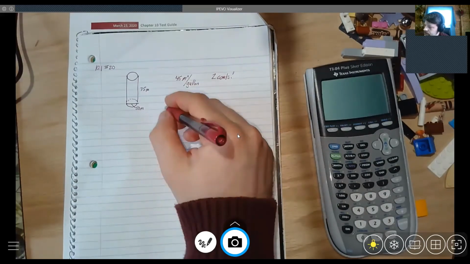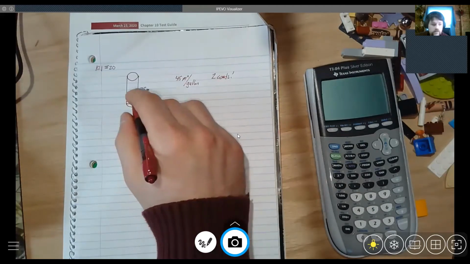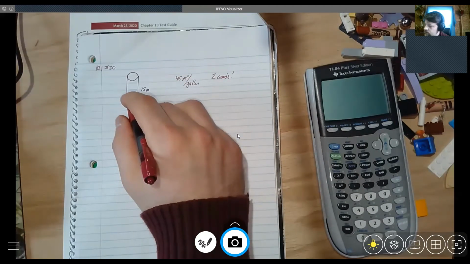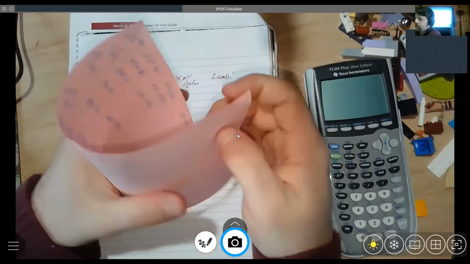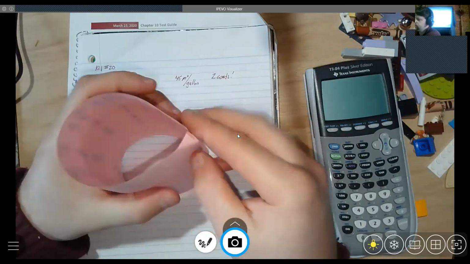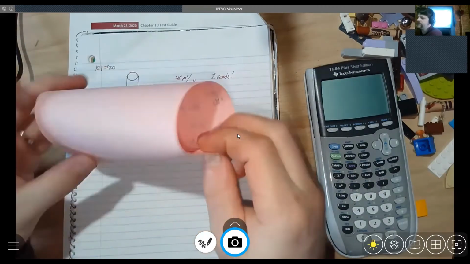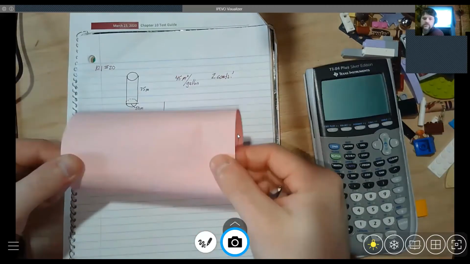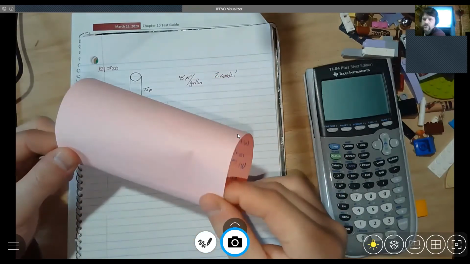To find the surface area, if you unrolled this cylinder, so to speak, like a piece of paper, so let's say this is my cylinder fuel tank. What happens if you take a cylinder and you unroll it?